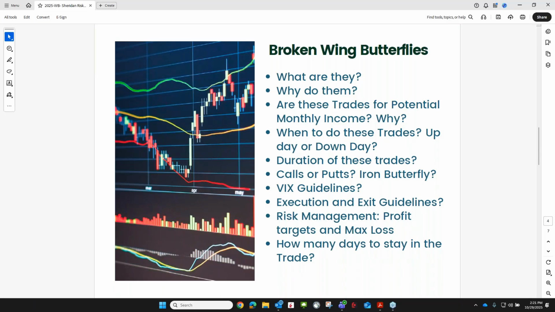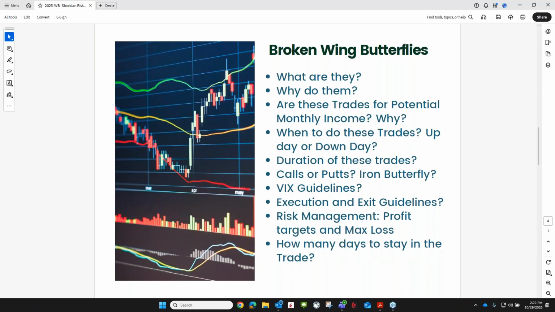If VIX is 17, 16 or lower, mostly in the 16s or lower, that means the market's probably going up. I like that unbalanced one, right? And again, I'd rather do it on a down day, right? The unbalanced butterfly, I'd rather do the balanced on an up day.